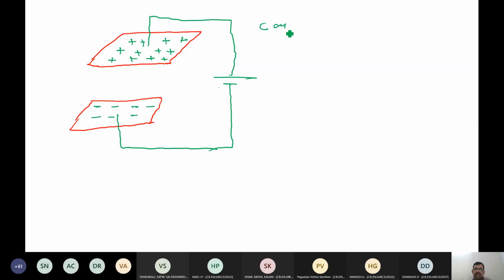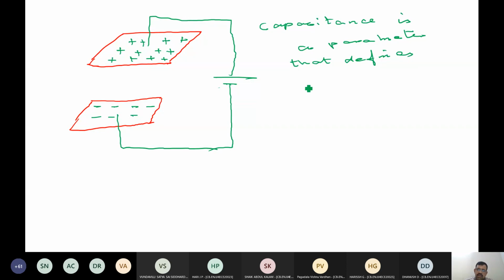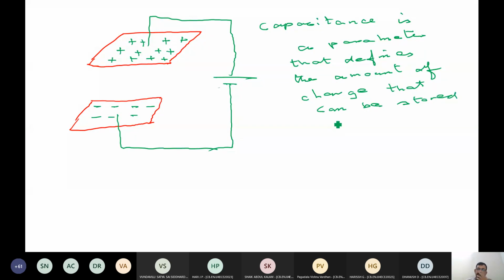So capacitance is a parameter that defines the amount of charge that can be stored on the conducting plates.